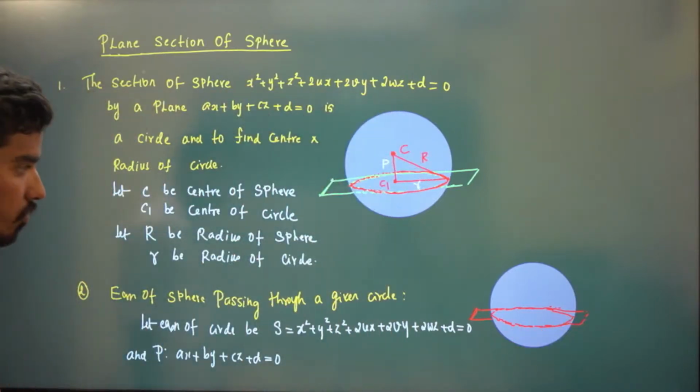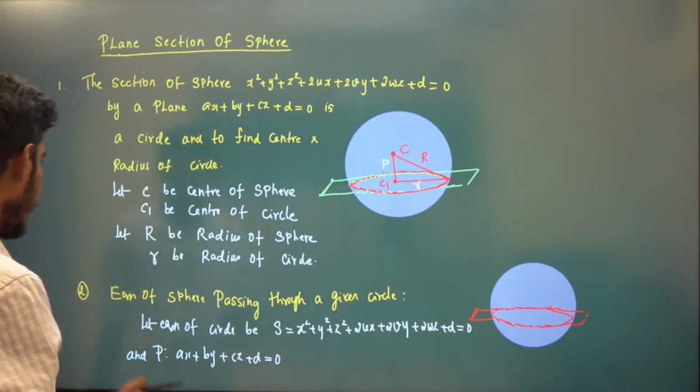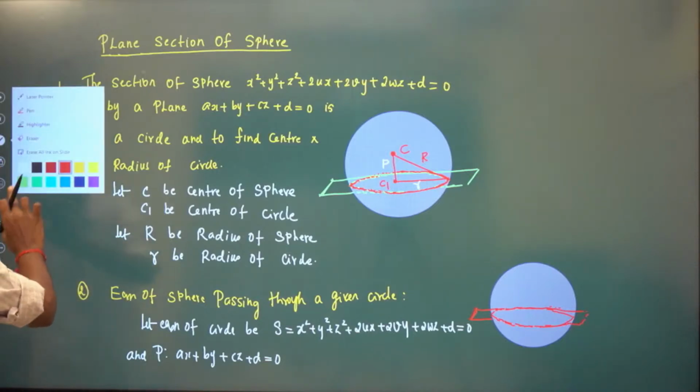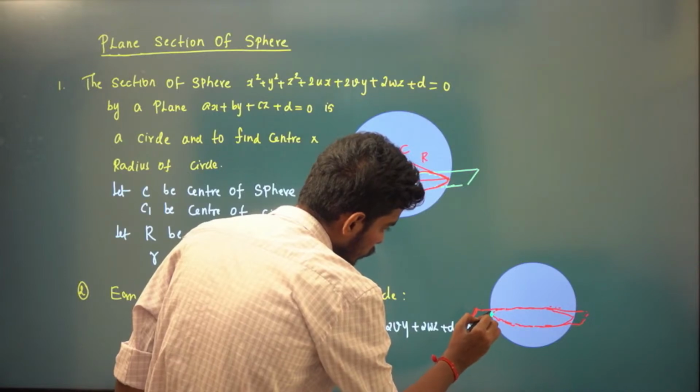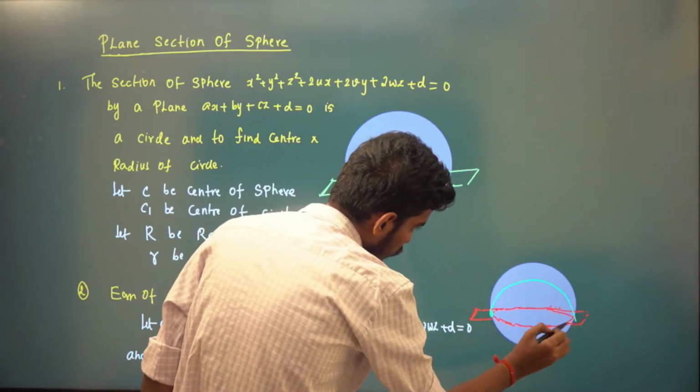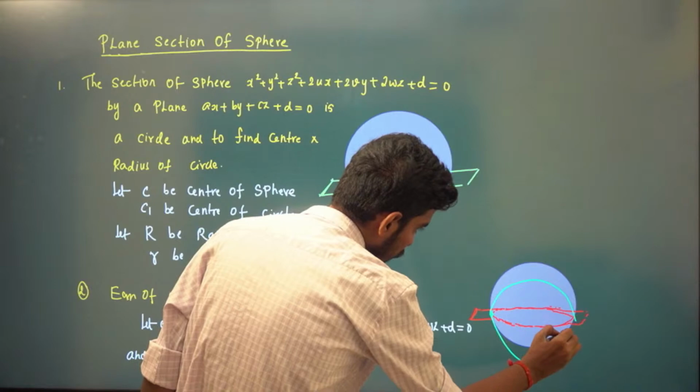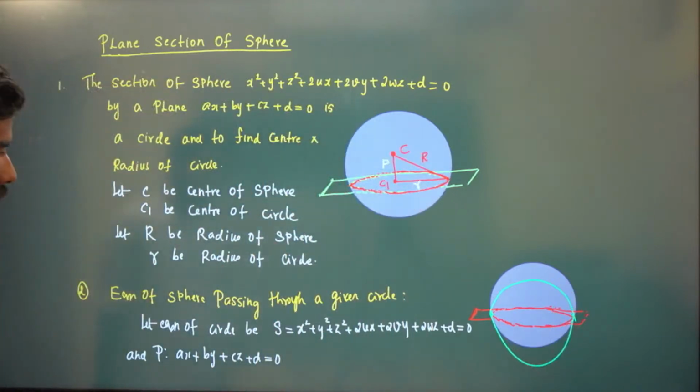So we're going to find an equation of a sphere that has to pass through this circle. So we are finding an equation of a sphere passing through a given circle.